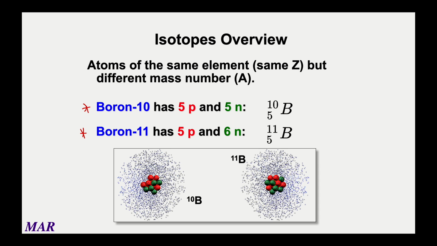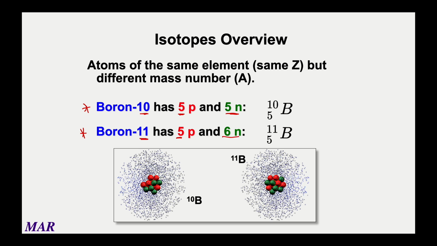So it doesn't have the number of neutrons explicitly. However, because boron has 5 protons, and 10 is the mass number, 10 minus 5 gives you the 5 neutrons there. For boron-11, you'd go 11, the mass number, minus the protons on the periodic table, 6 neutrons.